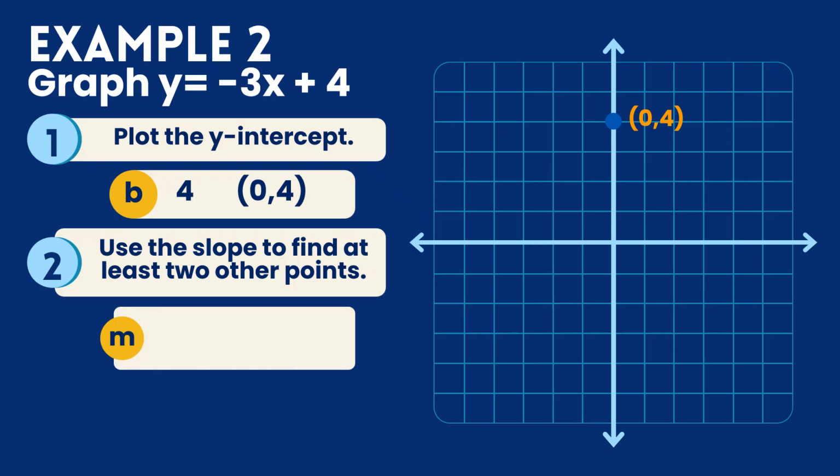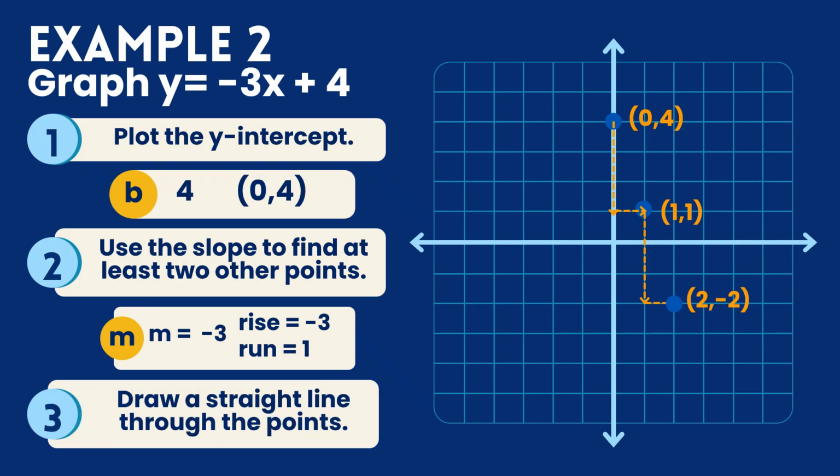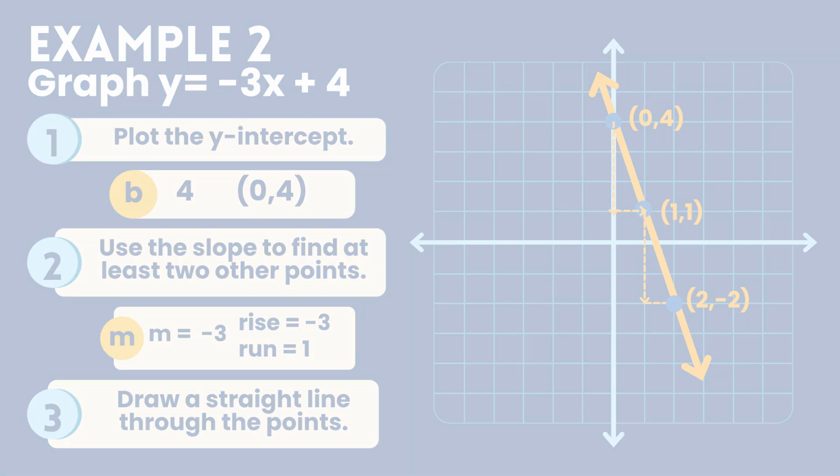Then use the slope of negative 3, which means rise is negative 3 and run is 1. So, move 3 units down and 1 unit to the right to find another point. You can repeat this to get more points for accuracy. Finally, draw a straight line through all the points to complete the graph of the line. So, this is the graph of y is equal to negative 3x plus 4.